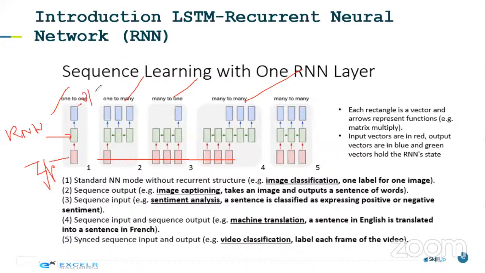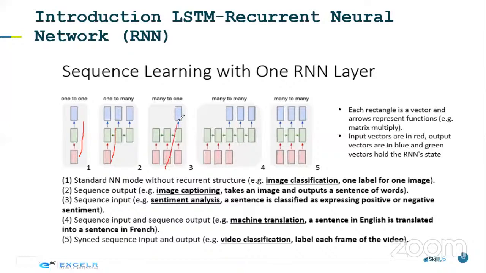So this is how the one-to-one, many-to-one, all this kind of flavors you might have heard, right? Sequence learning with one recurrent neural network, or one-to-one. One-to-one means this kind of thing. Okay, one-to-many, many-to-one, and then many-to-many, different combinations.